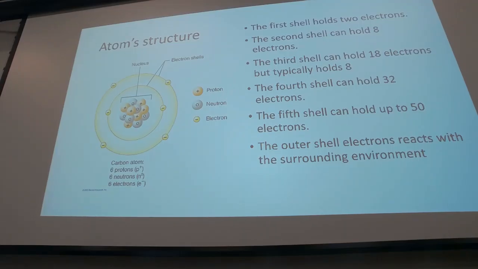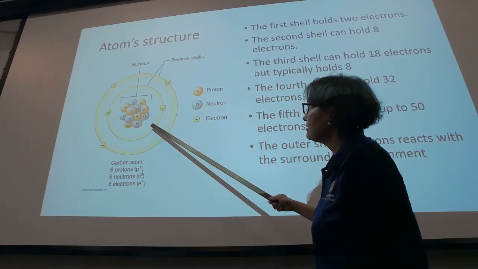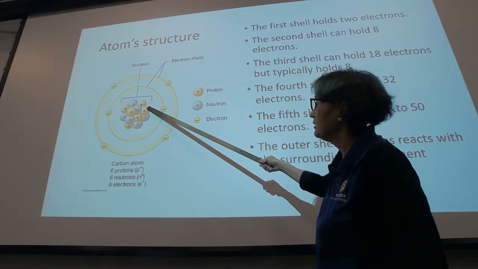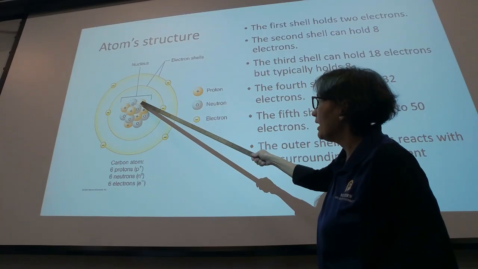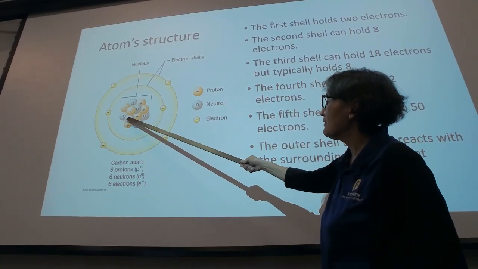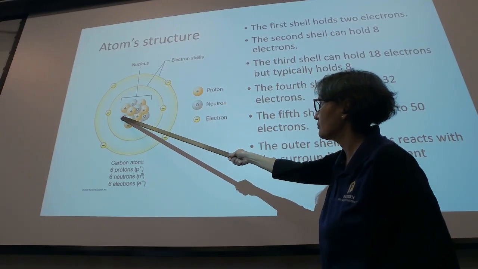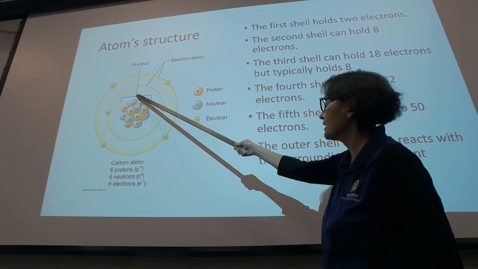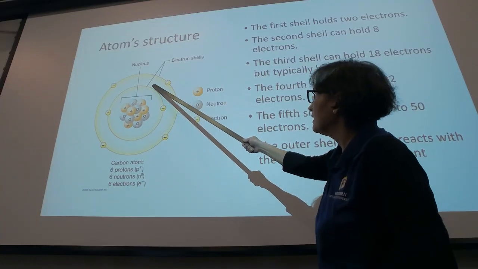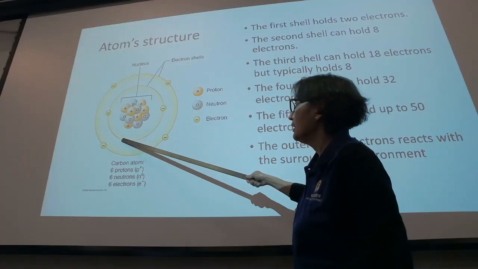So here is the structure of this atom. This is a carbon atom. Here's the nucleus. So you have 1, 2, 3, 4, 5, 6 protons, and then 6 neutrons, 1, 2, 3, 4, 5, 6. And then here we have the orbits or electron shells.